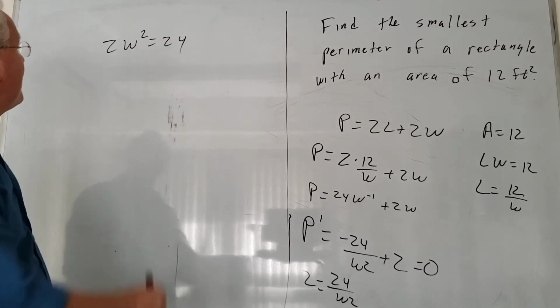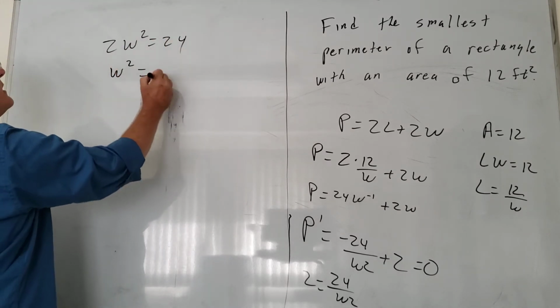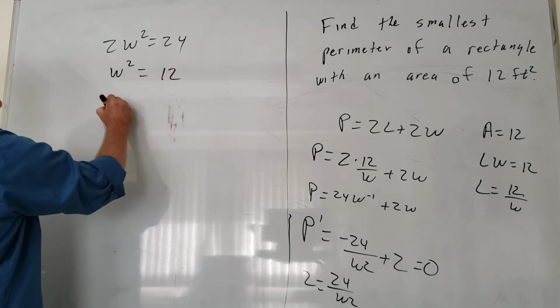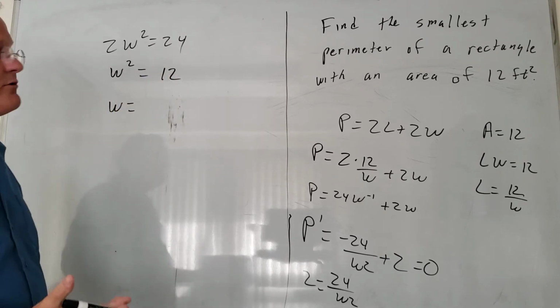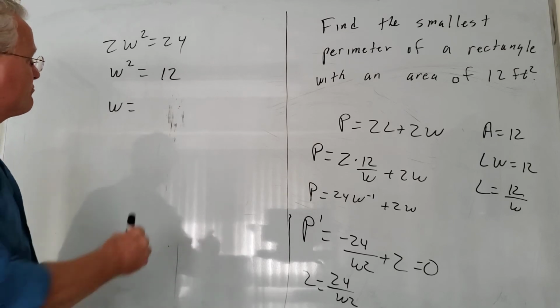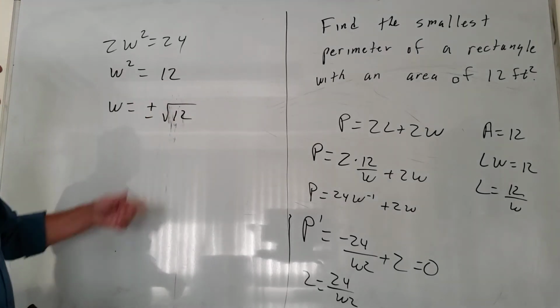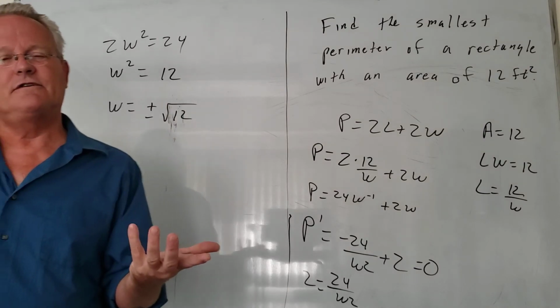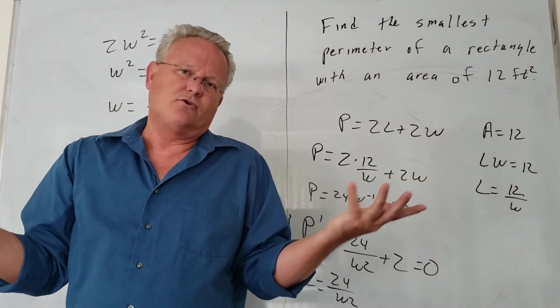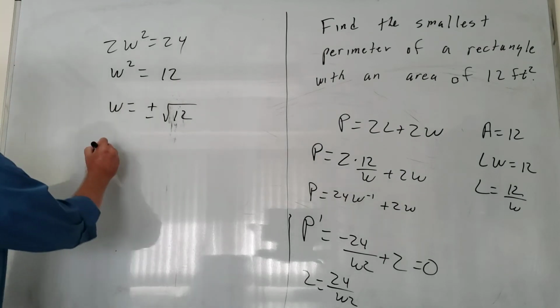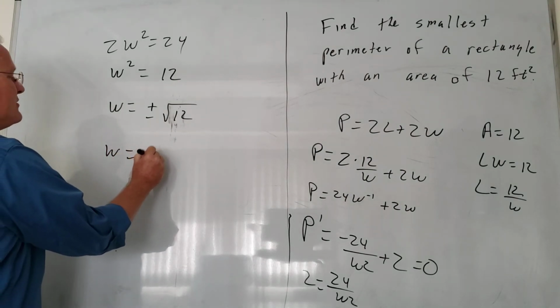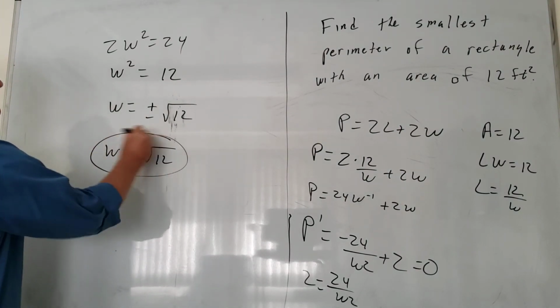Then we divide by 2, and w squared is equal to 12. When we take the square root, we use the square root property: there's a positive and a negative square root of 12. Now you can't have a negative width, so again, we can throw the negative out. So the width is the square root of 12.